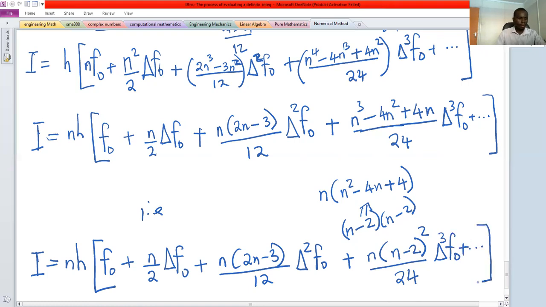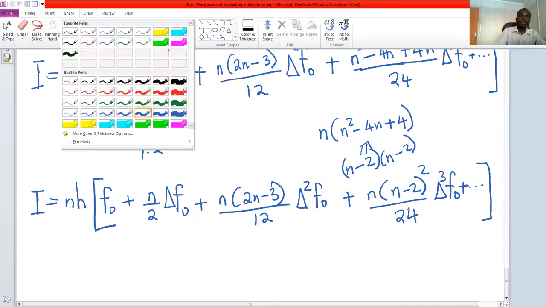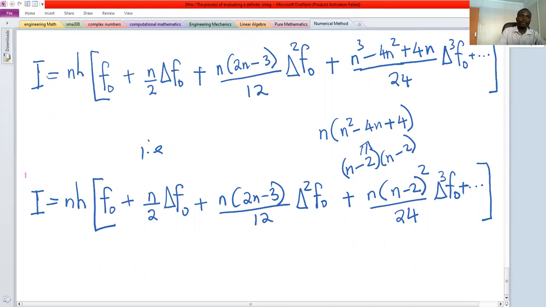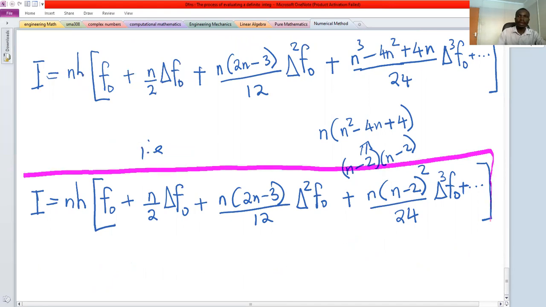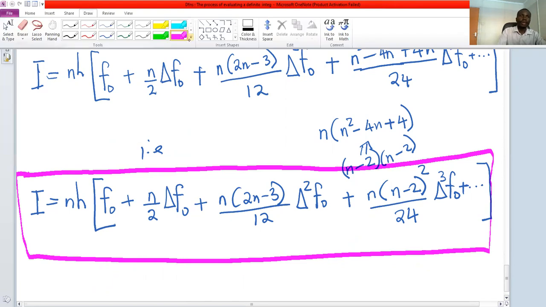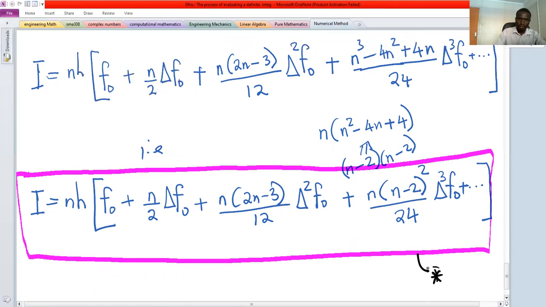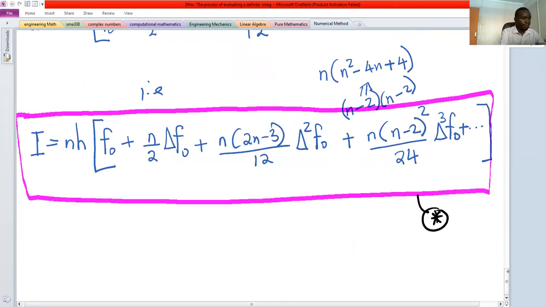Then you close the bracket. So therefore, this is the formula that we get when we integrate formula 1 or integral 1 by Newton forward interpolation formula. Let's call this one star, because we'll make reference to it to derive other formulas.